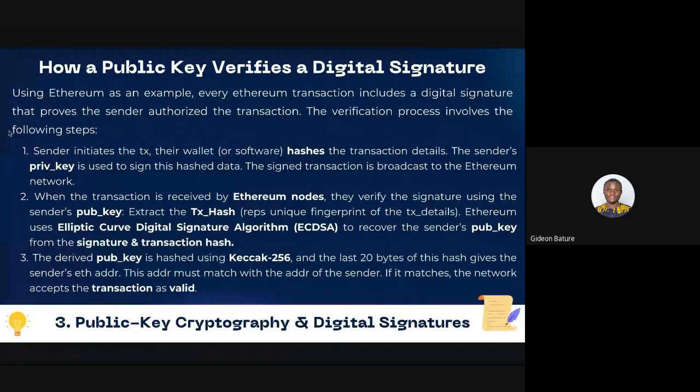Go on. So I think every unique hash is tied to a unique public key, which is an address. Okay. I love this. Go on.